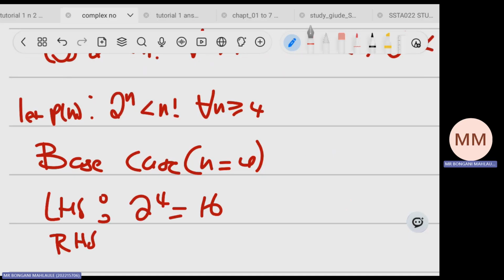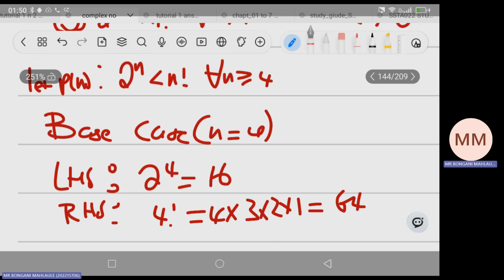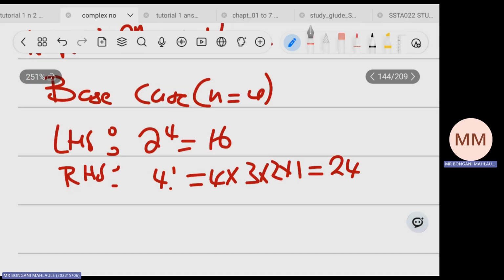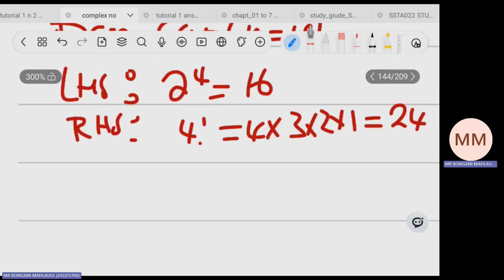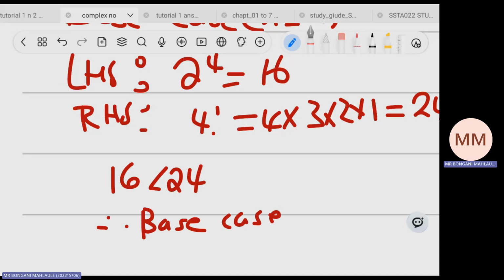The right hand side will be 4 factorial, and this will be 4 times 3 times 2 times 1, which is 24. So this is true. The right must be greater than the left. So I'm going to say 16 is indeed less than 24. Therefore, the base case holds.